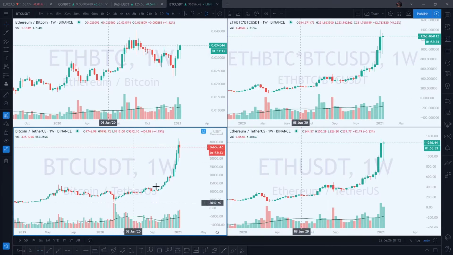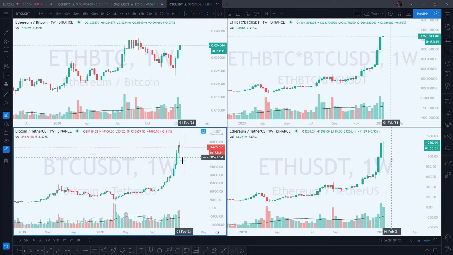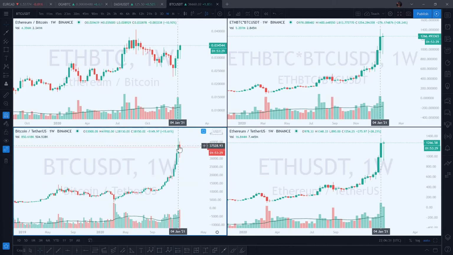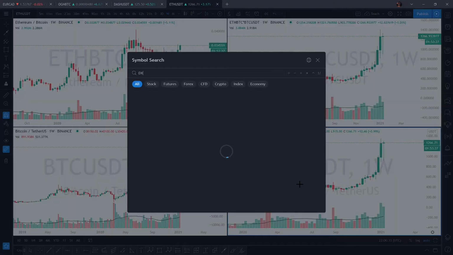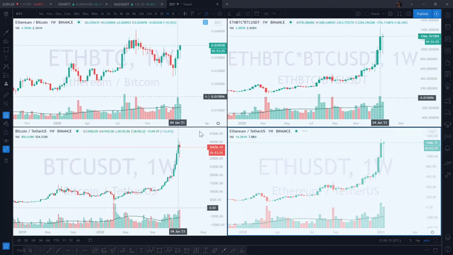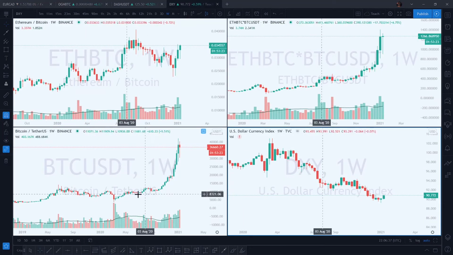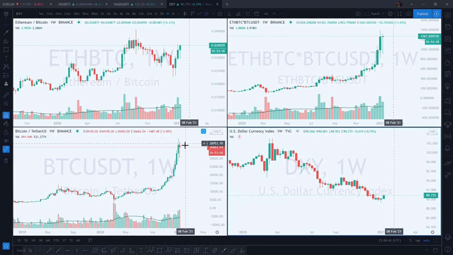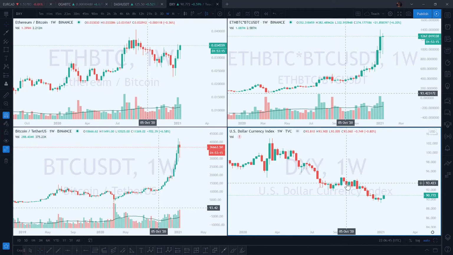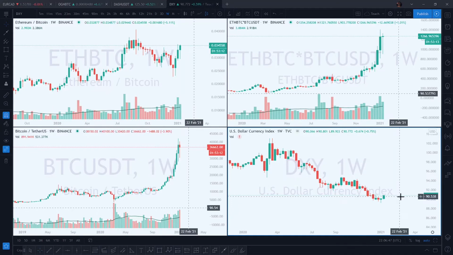Like we had recently, we had this BTC movement to the upside, this big rally. Let's compare it to the DXY and see what actually happened. As we can see from this rally, when we had this big move to the upside on BTC, we have DXY, which is the dollar index, being bearish.